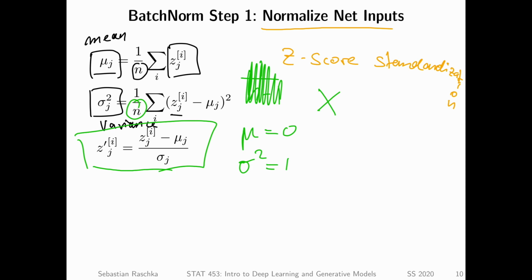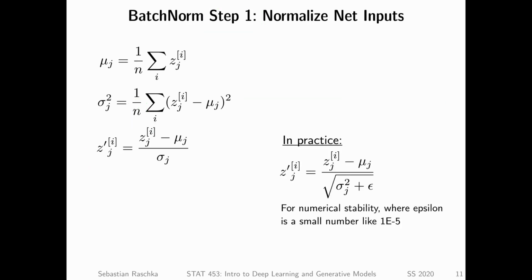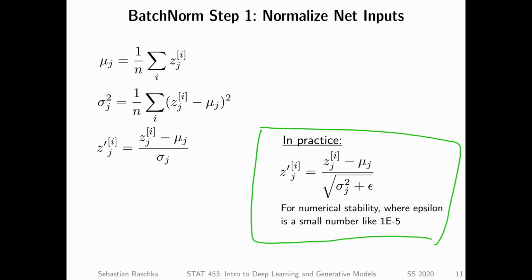So, and this is why it's only step 1 of batch normalization. There's another step. But before we go to step 2, one more note about a practical aspect of applying step 1, our standardization step.